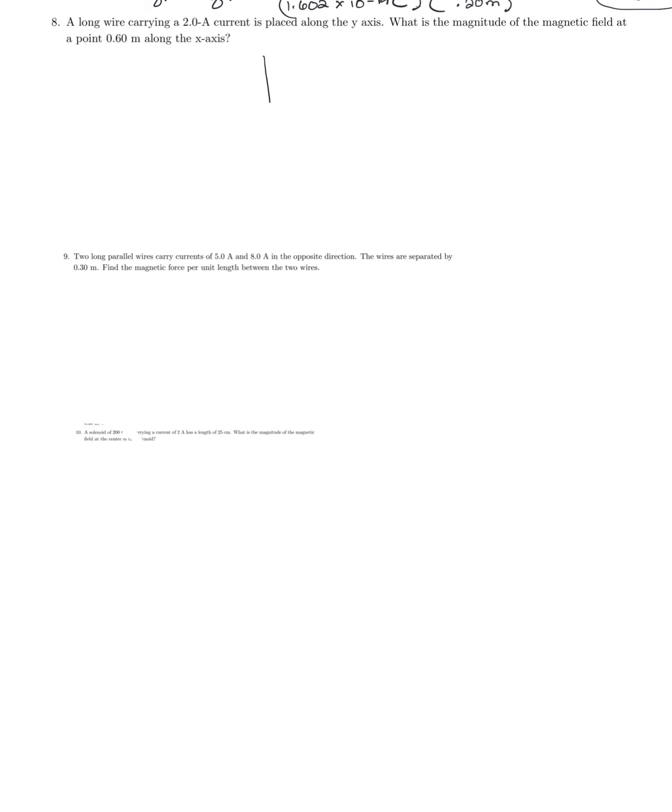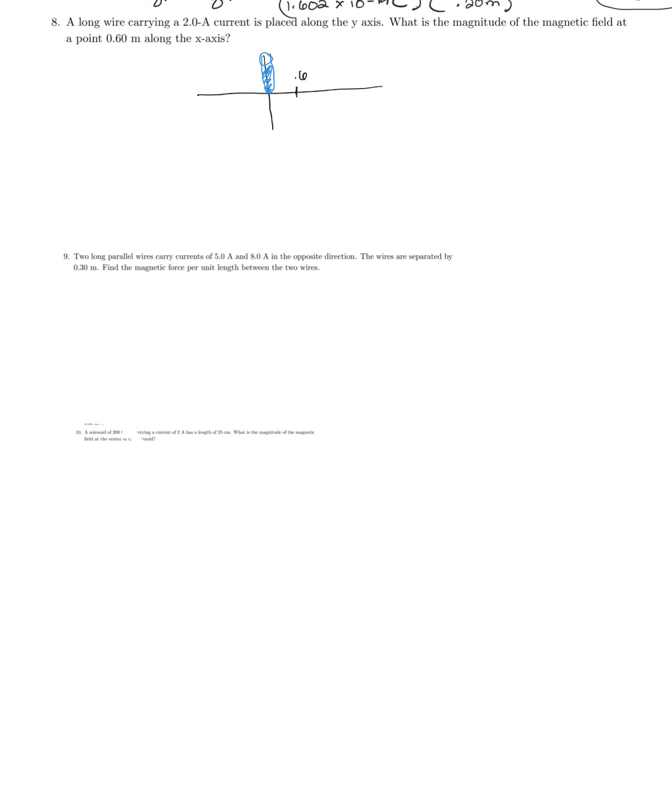If you're not given a picture, draw a picture, because if you can't see the problem, you can't solve the problem. So here we go. We have a wire hanging out on the y-axis, and he has a magnetic field around him. But we want to know what the magnetic field is 0.6 meters along the x-axis.